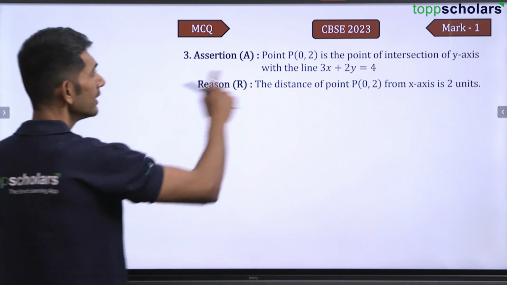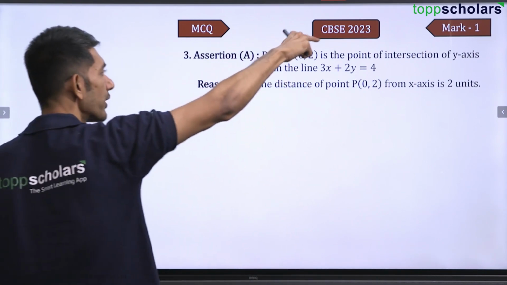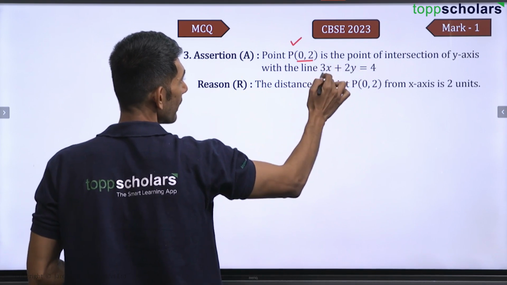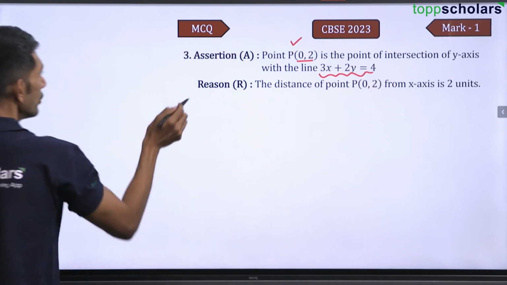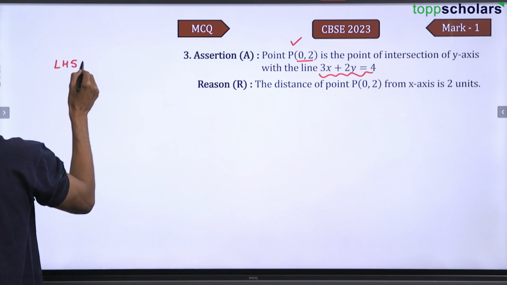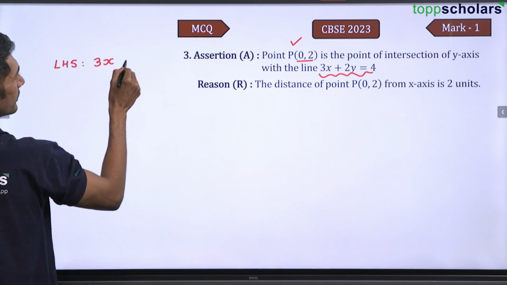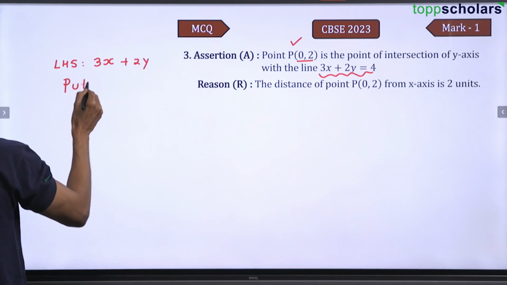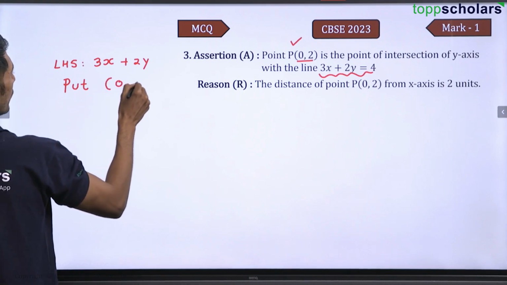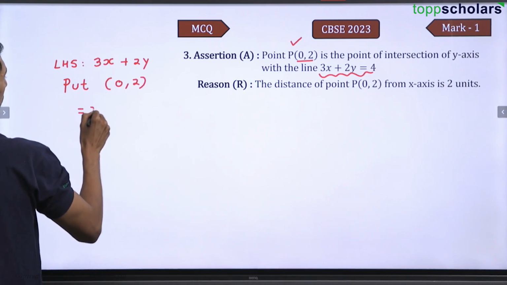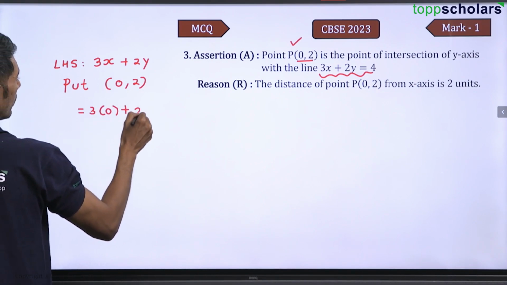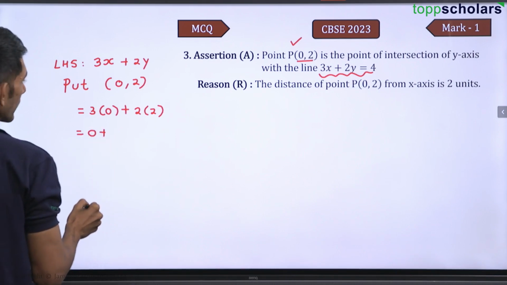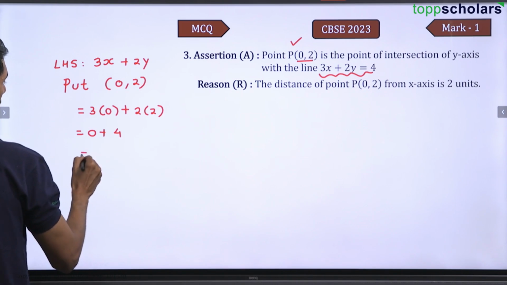So what is the assertion given? That point P (0, 2) is the point of intersection of the y-axis with the line. Does this point lie on the y-axis? Yes. But let us check whether it satisfies this. So if I take the LHS, that is 3x + 2y, I can put (0, 2), that is equal to 3 into 0 plus 2 into 2, that is 0 plus 4. 0 plus 4 is 4.